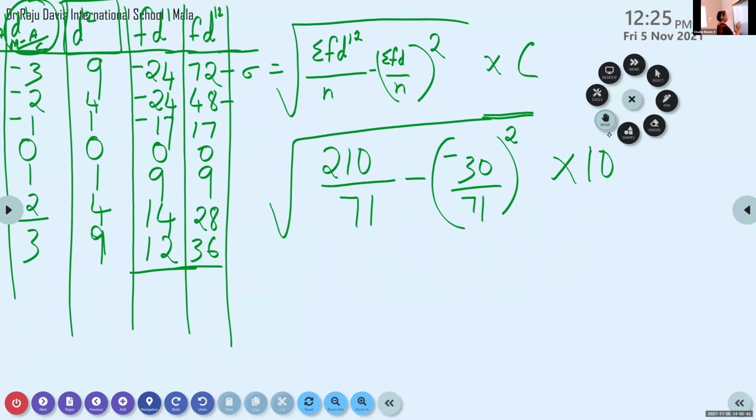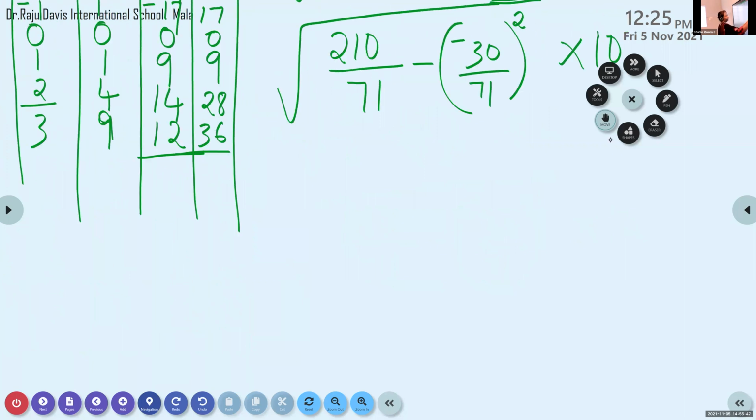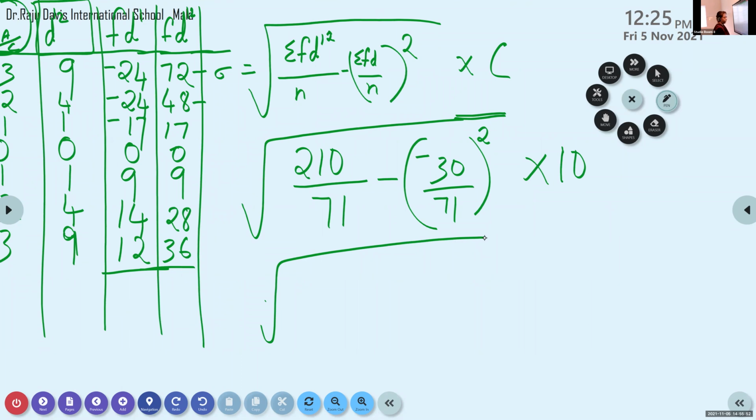Now, 210 by 10. Solve that. When you solve that, you will be getting 2.95. And when we solve negative 30 by 10, you can find the square of it. You will be getting 0.17.